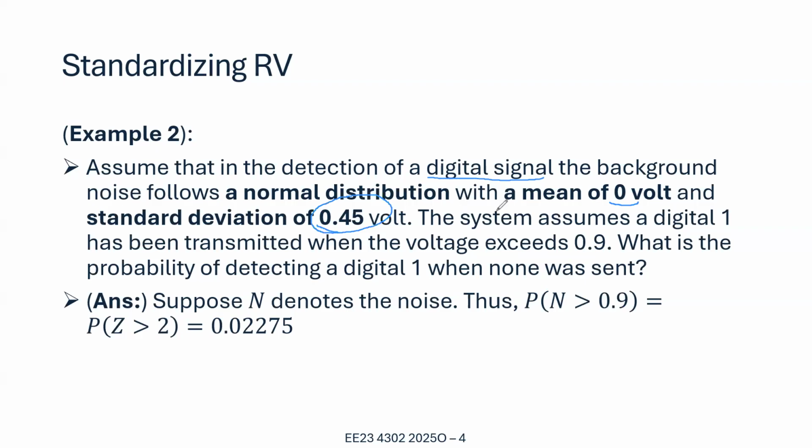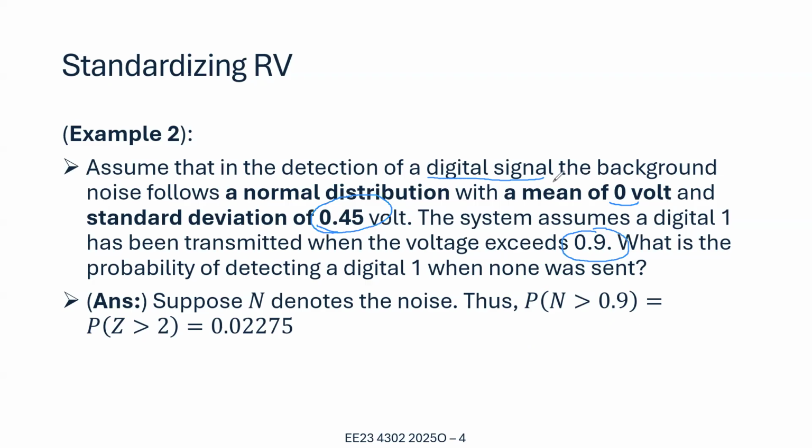And here the system assumes a digital one has been transmitted when the voltage exceeds 0.9. And what is the probability of detecting a digital one when no signal was sent? So in other words, this signal is purely noise. All right.